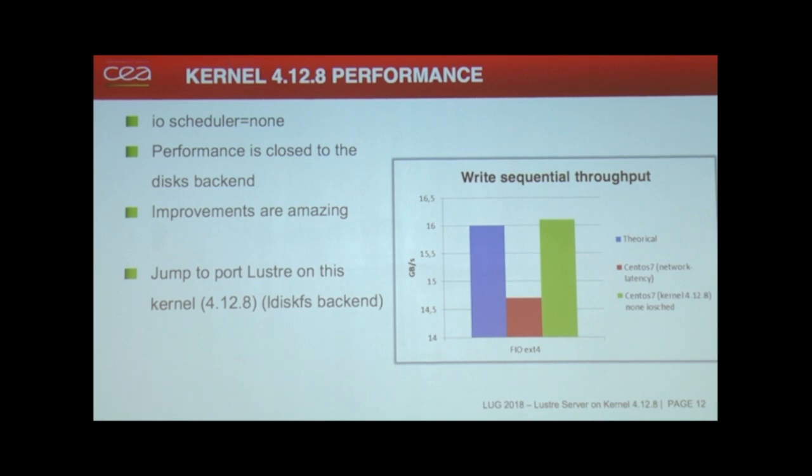Yes, because the theoretical speed was based on the raw spreadsheet of the disk, and we have seen that the disks we have are a little better than expected. So we are close, the value is 16.1, so it's close to 16. So begin the work to port Lustre to the kernel version.